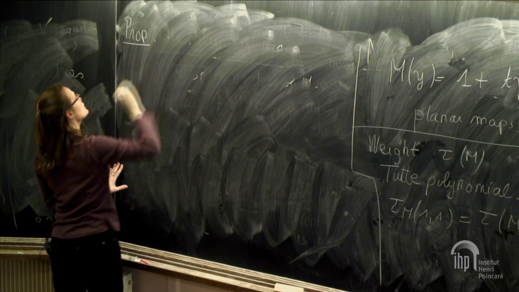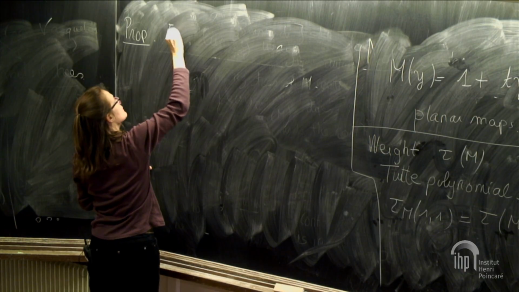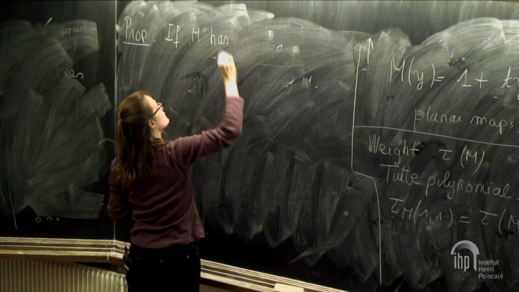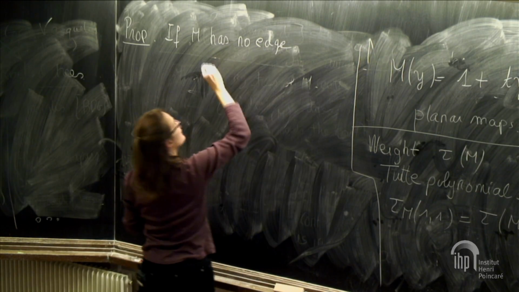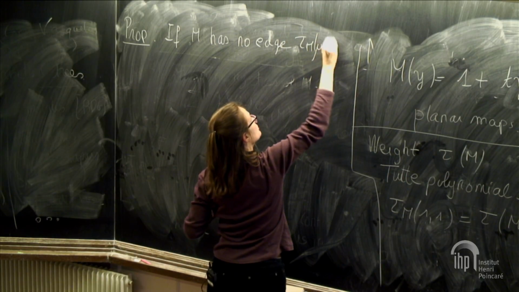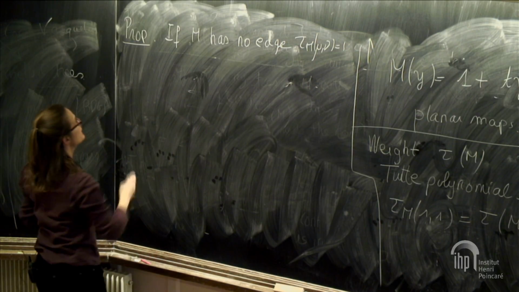In terms of properties, if M has no edge, then tau m of mu and nu is 1, as it was for the number of spanning trees.